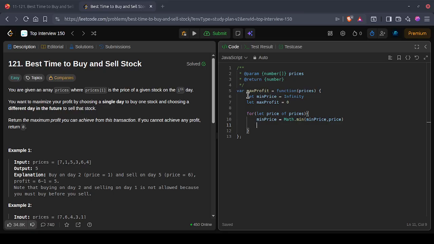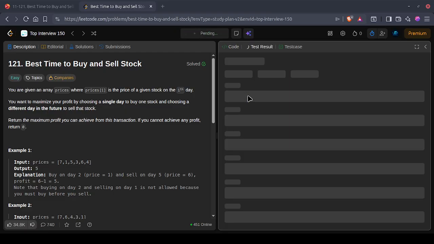Then calculate maximum profit as Math.max of maximum profit and price minus minimum price. So we check if we sell today, is the profit better or not, and in the end we return maximum profit. So let's run this.